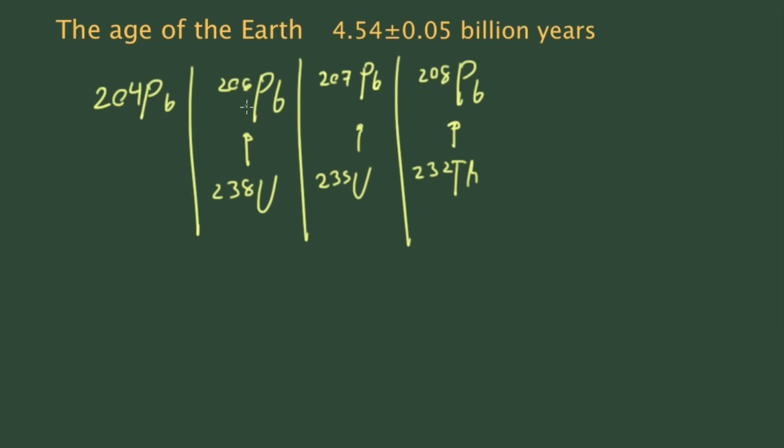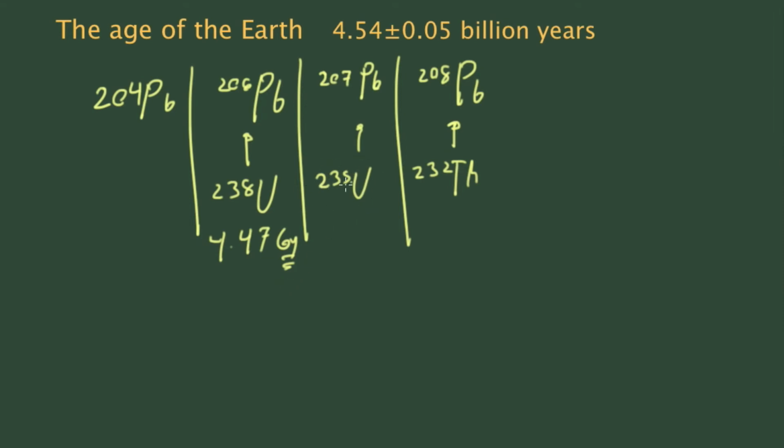For example, for uranium-238 to be converted into lead-206, well, not all of them, half of them, you have to wait 4.47 gigayears. You see this large number.